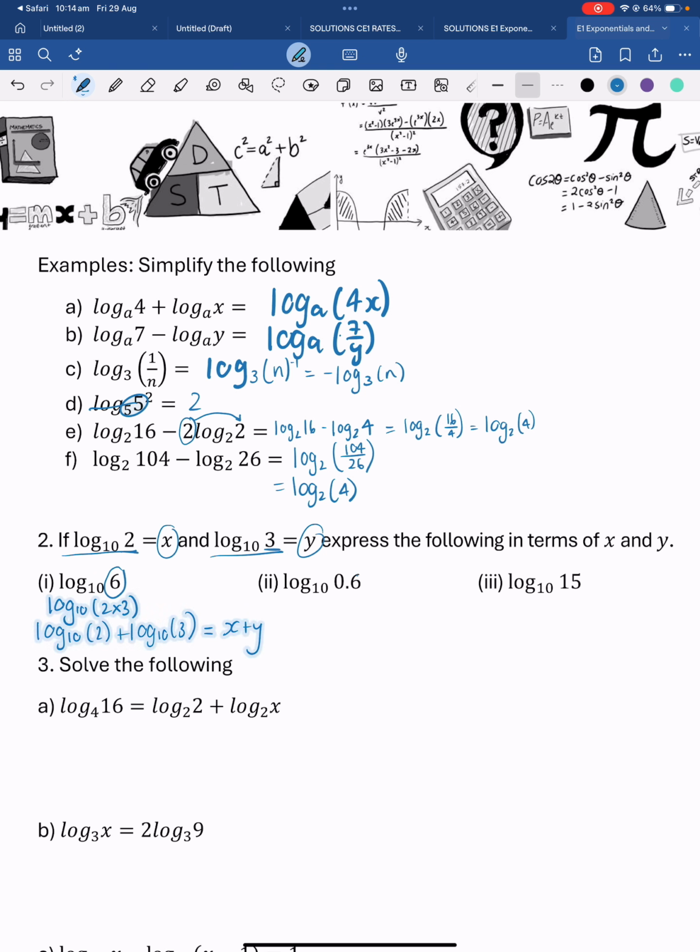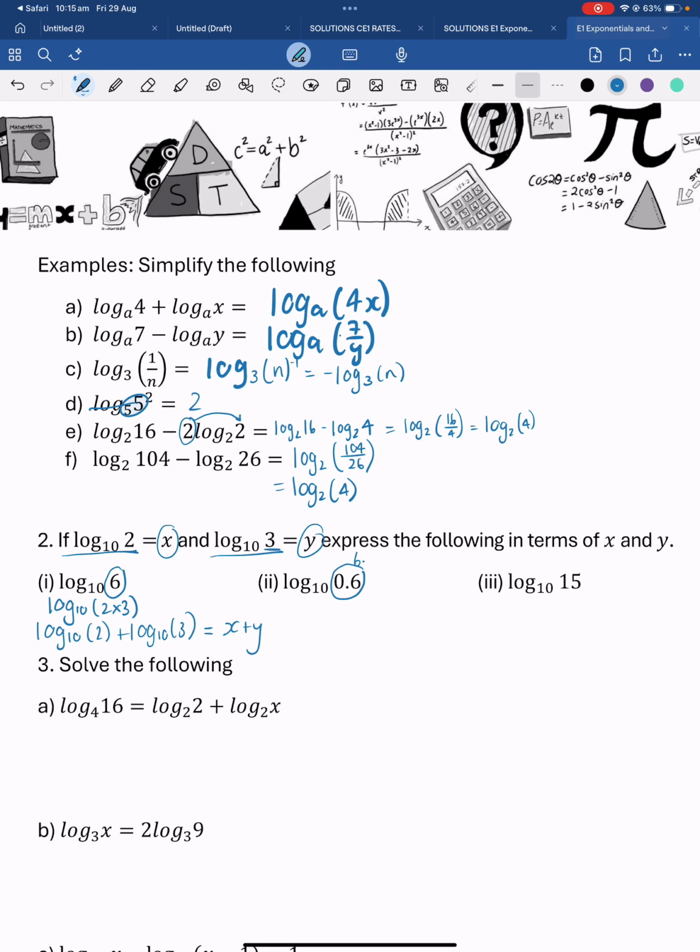Okay, how can we manipulate this? Well, it's really 6, I was going to say 6 to the power of negative 1, but it's not. It's 6 over 10.